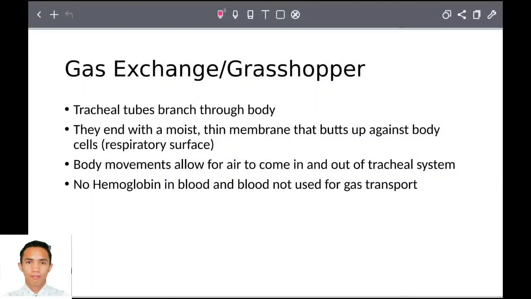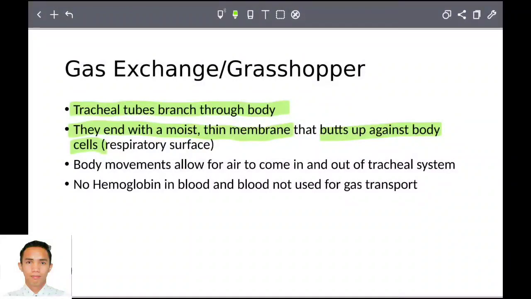Now let's proceed to the next slide. Gas exchange for the grasshopper. We highlight the tracheal tubes, which branch through the body. They end with a moist, thin membrane that butts up against body cells, the respiratory surface.